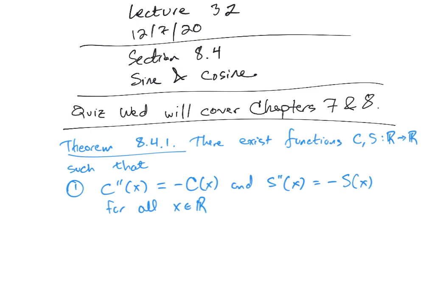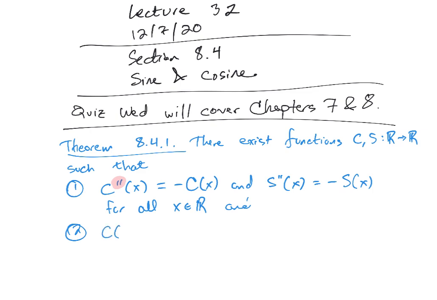Note, just by writing the second derivative, we're implicitly saying that these two functions are twice differentiable. So not only do they each have a derivative at all points, but they each have a second derivative at all points. And the second thing is that we need to specify the initial conditions.